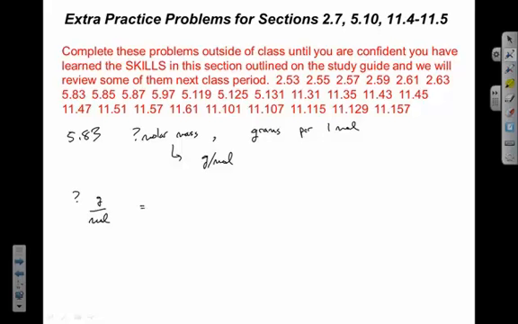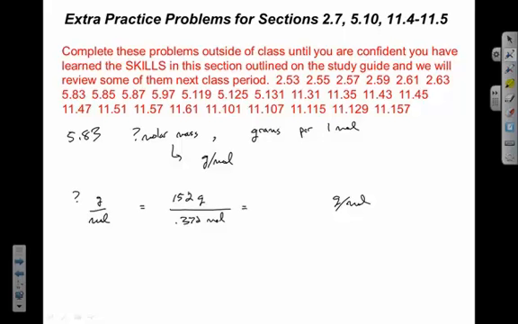If I want grams on top, I just take the grams that it gives for this substance. And I want moles on the bottom, so just divide by the moles that it gives for this substance. And that gives me grams per mole. I don't even need to cancel anything because they've given me the units I want.